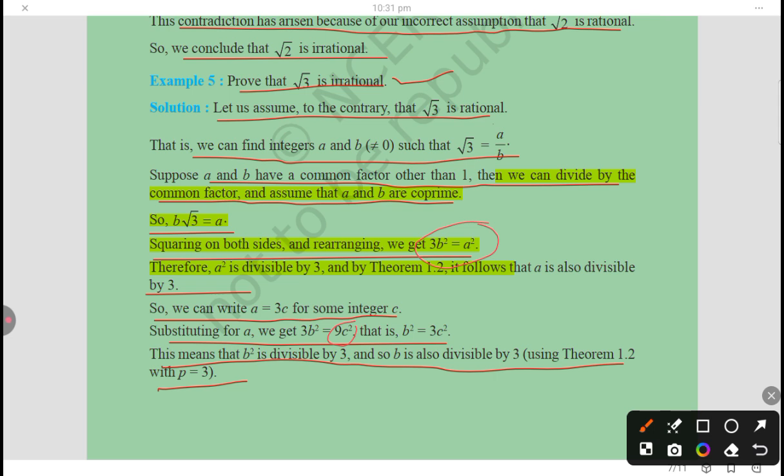So b square equal to 3c square. Here b square is also divisible by 3. See, b square by 3 equal to c square. So b square is divisible by 3, and by using theorem 1.2, b is also divisible by 3.